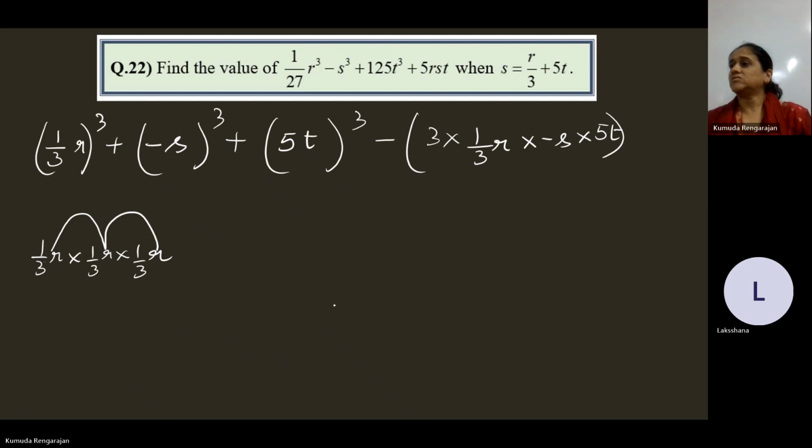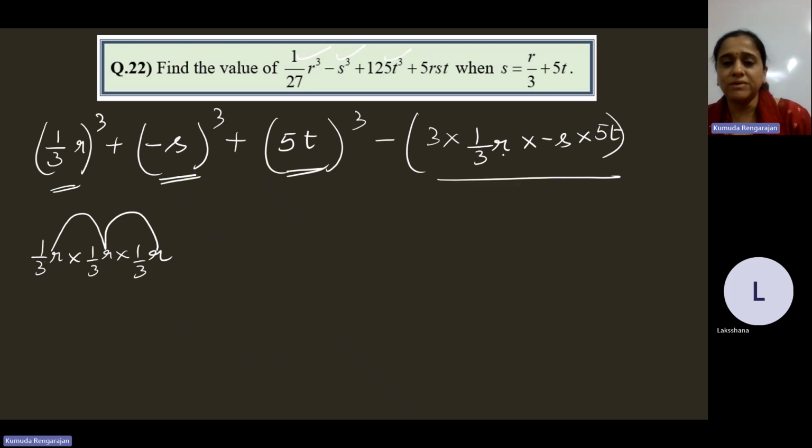Now check. This one is this term, this one is this term, this one is this term. And this one simplify: 3 and 3 cancel, and minus into minus is plus 5RST. See here, 5RST.